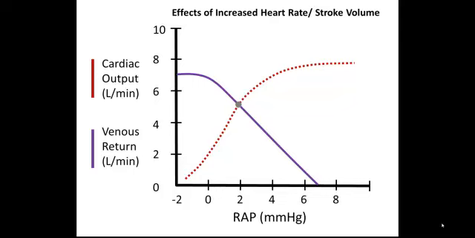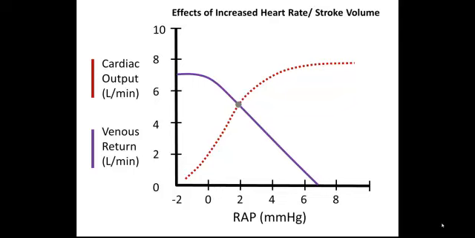Conversely, right atrial pressure is inversely proportional to the venous return, because the venous return, the rate at which blood is flowing into the heart, is based on the difference between the central venous pressure and the right atrial pressure. Central venous pressure must be higher than the right atrial pressure for blood to flow down its pressure gradient into the right atrium.